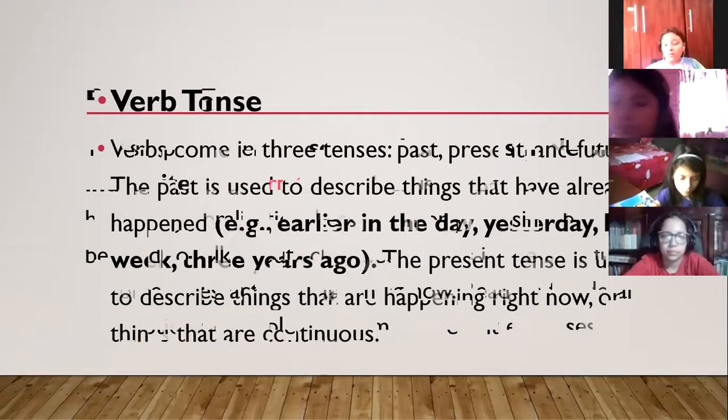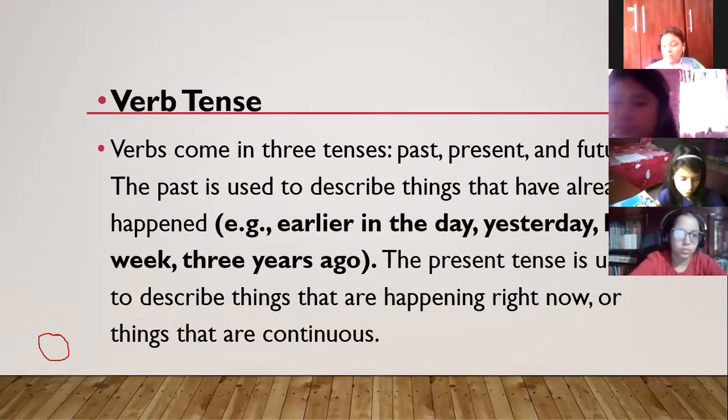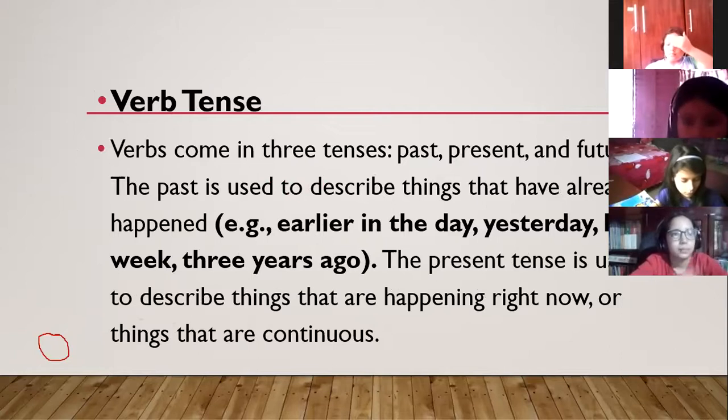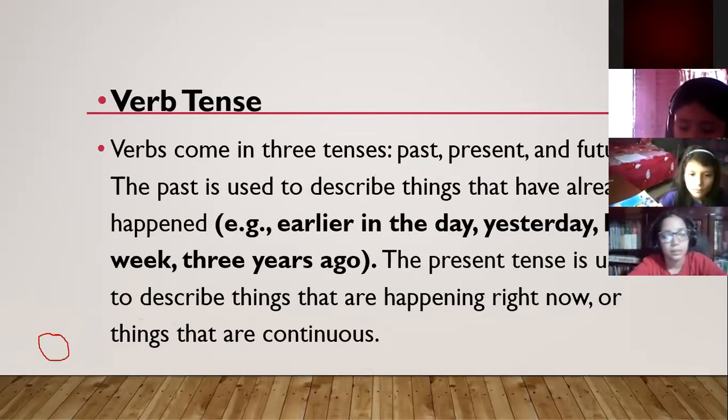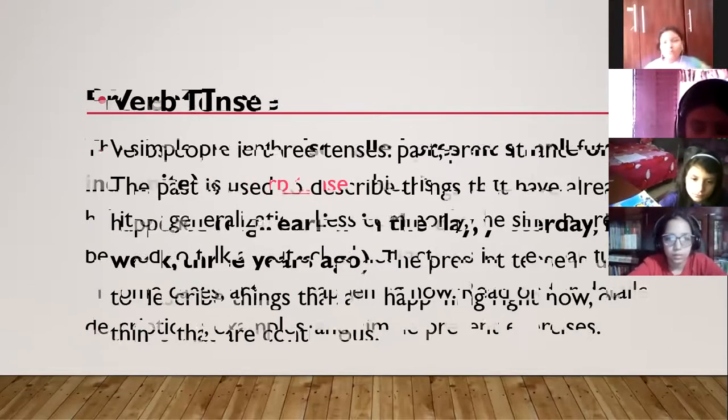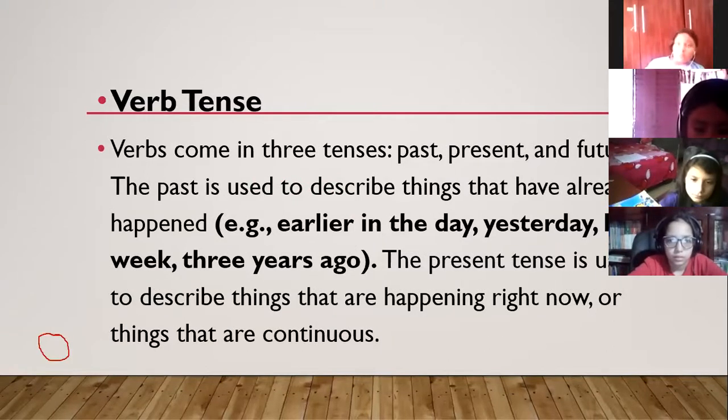Yes, of course. So when we're talking about the past, we describe things that happened when? Yesterday, last week, 3 years ago, right? And when we're talking about present, it is used to describe things that are happening right now or things that are continuous, right?